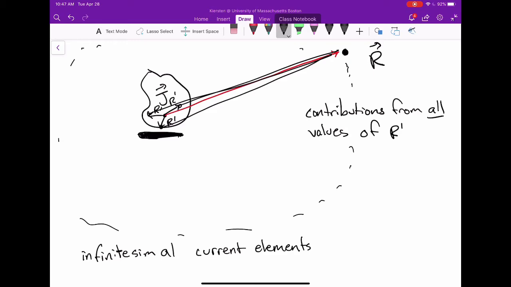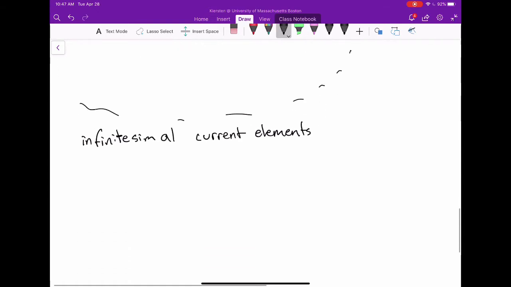Can we figure that out? By the way, these are also called a Hertzian dipole. So we have to set up that radiation integral to find it. But let's draw a picture of what we're talking about.